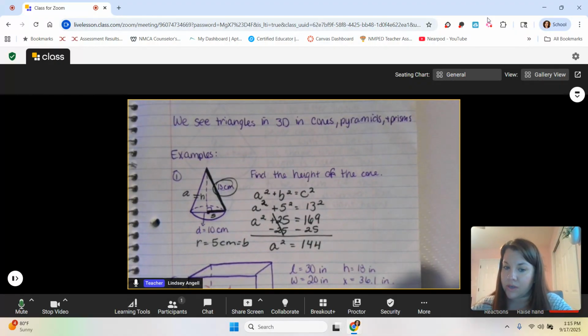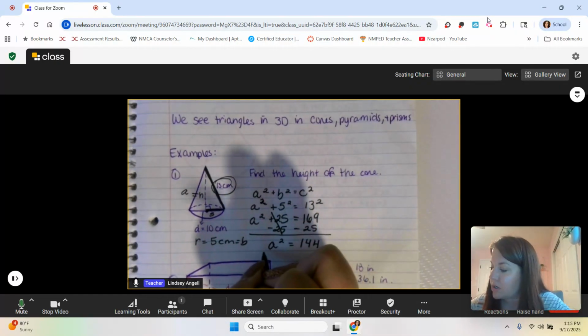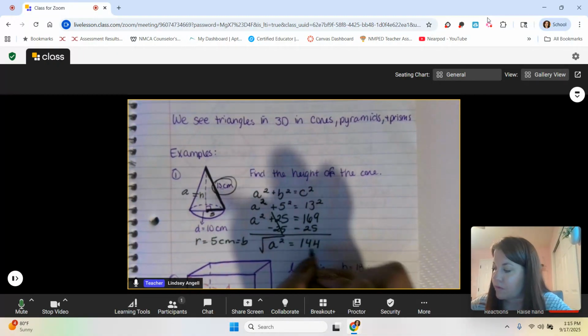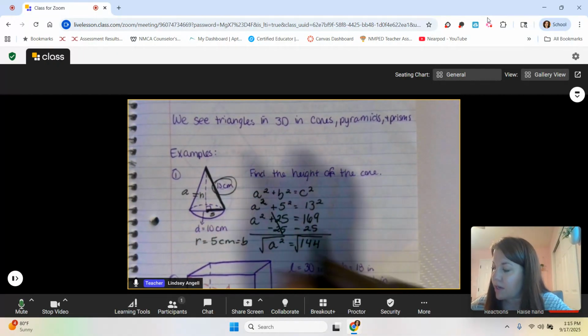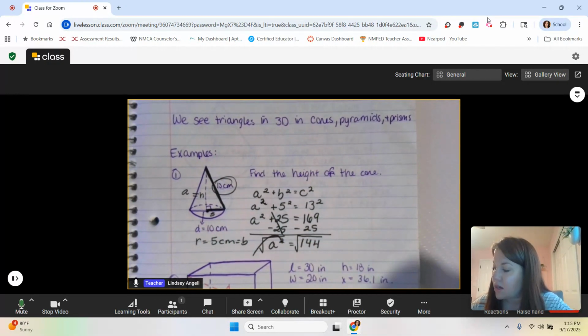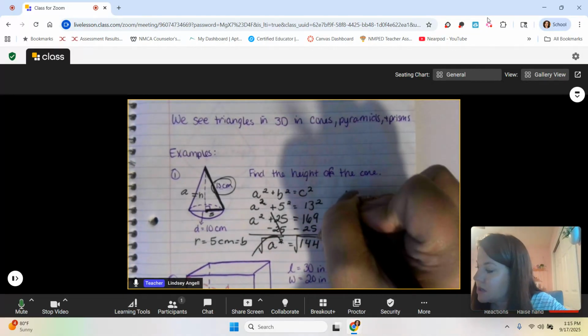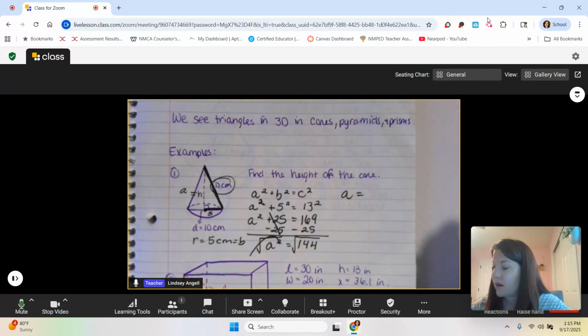I need to get rid of that square, and in order to do that, I need to square root both sides of the equation. They're going to cancel over on the right because they're opposites of each other. So I just have a on my left. And then the square root of 144, I like that one because it's a perfect square. Maybe you already know it, and if you do, awesome, right?